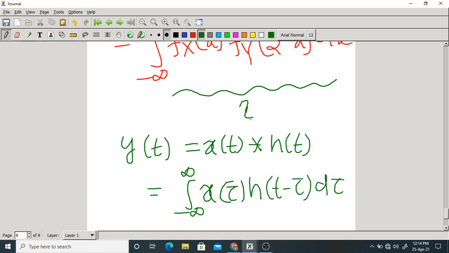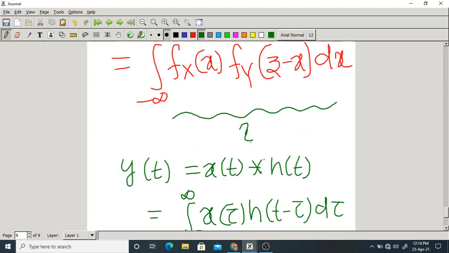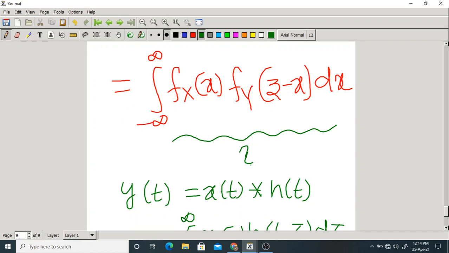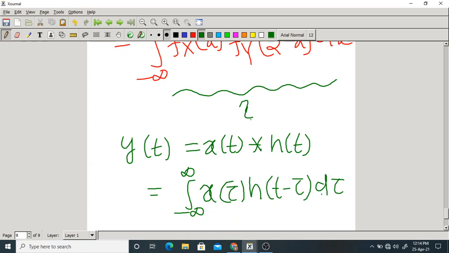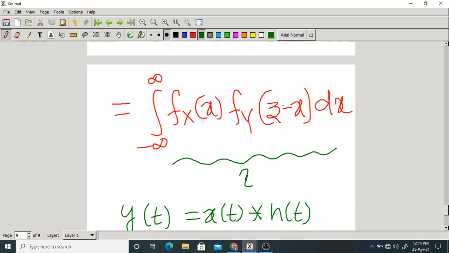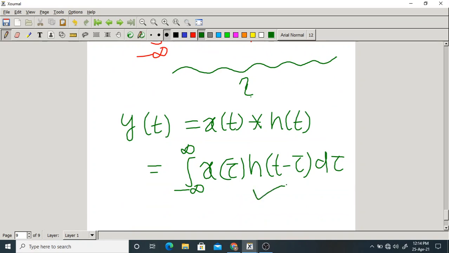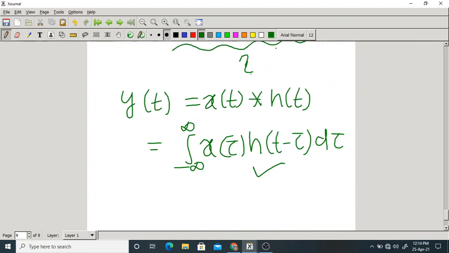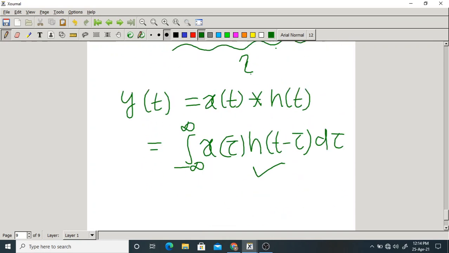Isn't it? Is it in the same way or not? It is also convolution. In place of tau, I have x. In place of t, I have z. Compare these two. They are exactly the same.